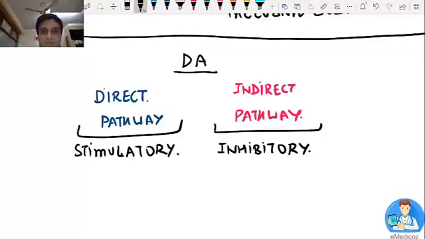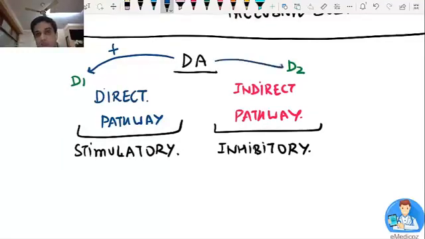Remember this. There are two receptors present: one is a D1 and the other is a D2 receptor. Dopamine works on the D1 receptor and stimulates it. The dopamine molecule also works on the D2 receptor and stimulates it. Now please be attentive, it is a very simple thing if you try to catch it.